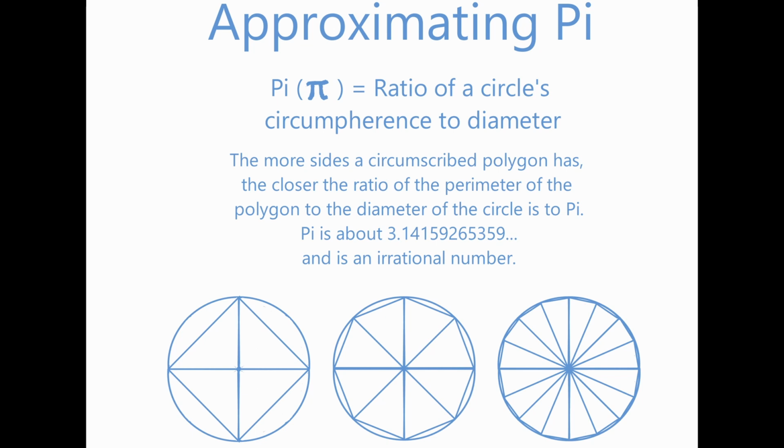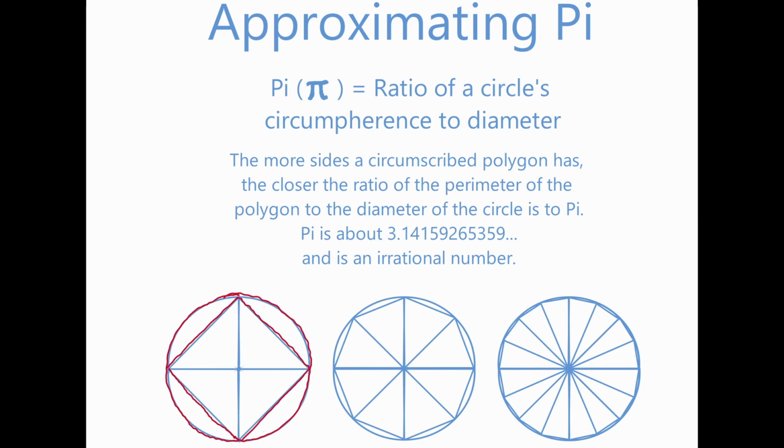So for example, here we have a square, and if I look at the perimeter of the square versus the perimeter of the circle, or in other words, the circumference, we see that there's a lot to be desired there.